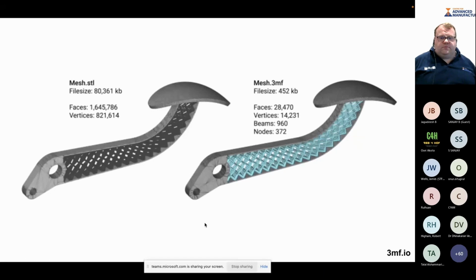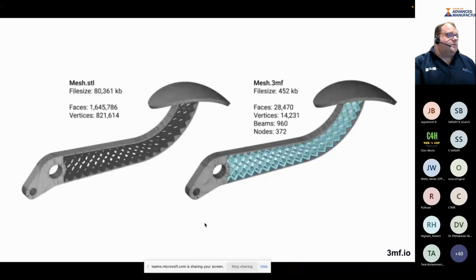So it's basically a series of cones in a graph. And when you're describing the geometry this way, there's no need for decimation, there's no need for reduction in quality. So you get the perfect communication of the geometry, and then the slicer takes the information and slices it.